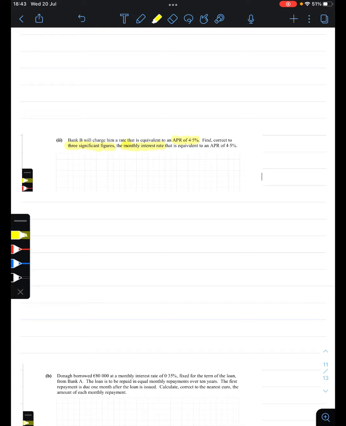So again, we've got annual equals 4.5%. So after a year, it's gone from 1 to 1.045 because this is 0.045 in decimal.